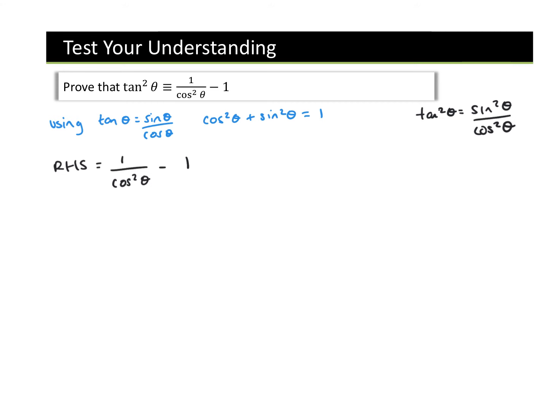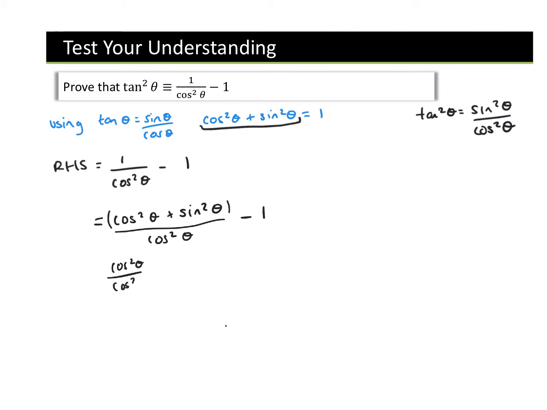Okay, so right-hand side. Now, this one's a bit of a sneaky one. But what do I know? I know that the number 1 equals cos squared plus sine squared. So I'm going to write cos squared theta plus sine squared theta over cos squared theta. So I've substituted that in. Then I'm going to have minus 1. I'm now going to split my fraction: cos squared theta over cos squared theta plus sine squared theta over cos squared theta minus 1.